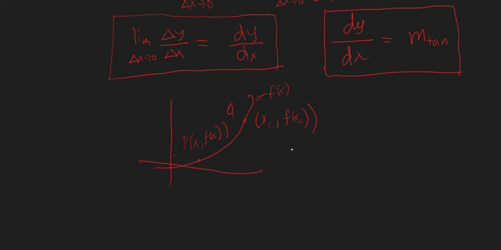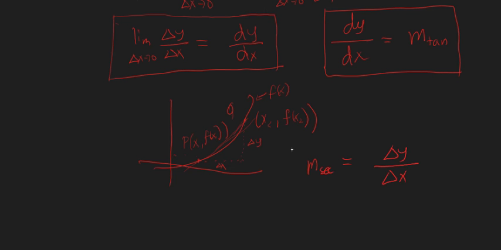But I want to insert delta x here, so let's draw a triangle for the slope, because we're solving for the slope of this second line. This will be delta x, the run, and the rise will be delta y, so that the slope of the second line is delta y over delta x. Now, what will be delta y? What will be delta x? So m of the second line is just equal to delta y over delta x.